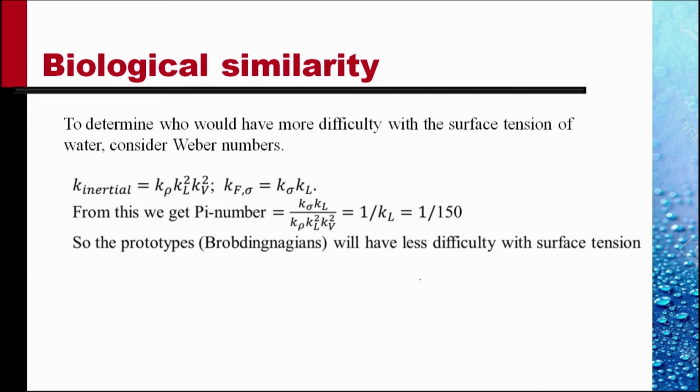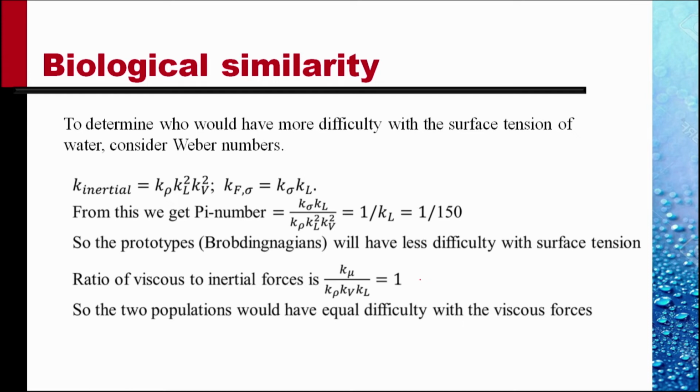K sigma being the same, water, K rho being 1. So we have this scale factor of 1 over 150. So the prototypes, which are the Brobdingnagians, will have less difficulty with surface tension than would the Lilliputians.